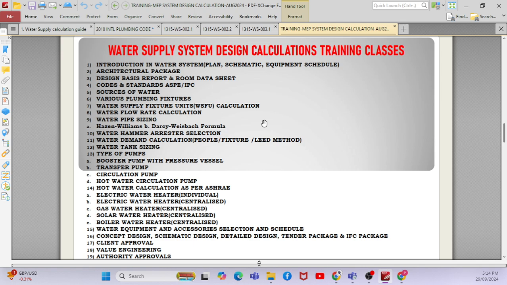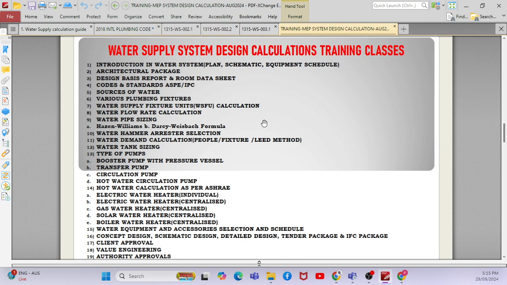Then you are going to find out what is the total WSFU value. Then you will go to the IPC standard and find out, based on the WSFU value, what is the corresponding water flow rate. It's clear, right? Based on that value, you will calculate the pipe sizing.